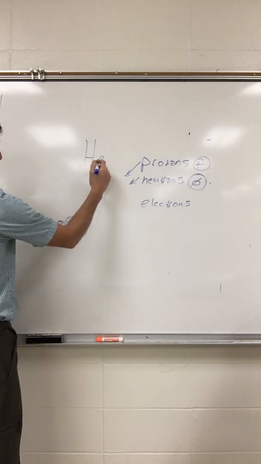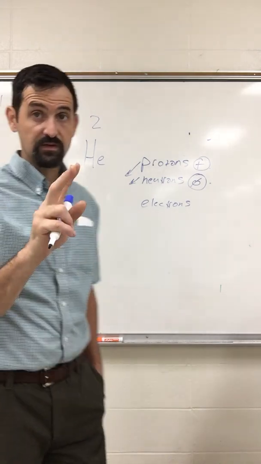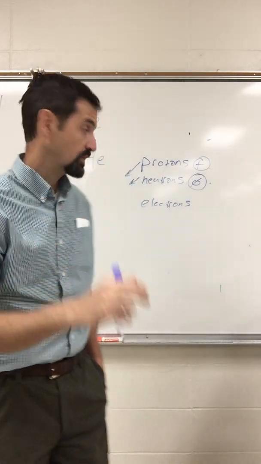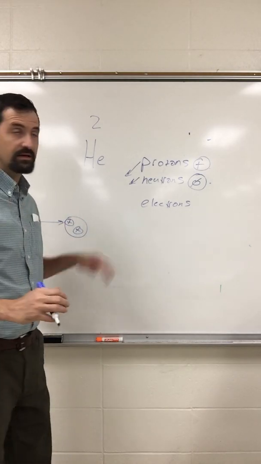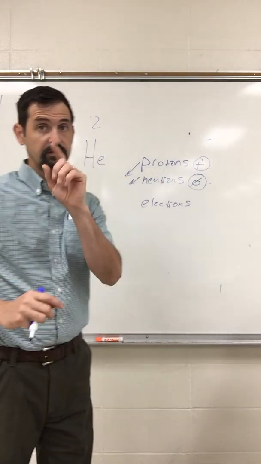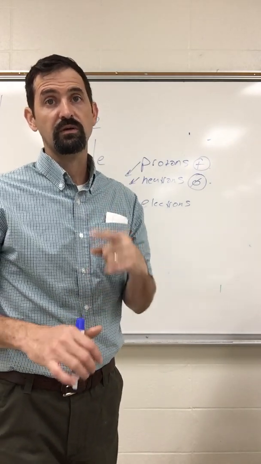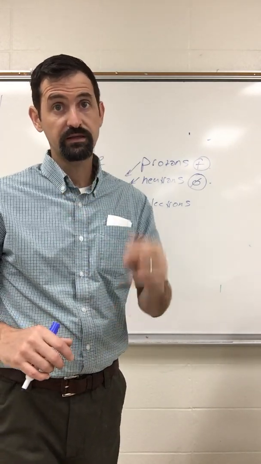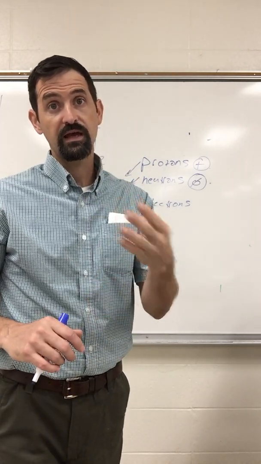Because helium is number 2 on the periodic table, it's the second one, it tells me that it has 2 protons. Now, how do I know that? The atomic number, the number in the periodic table, tells me how many protons are in the nucleus. So hydrogen is 1 proton, helium is 2 protons, lithium is 3 protons, and so on.